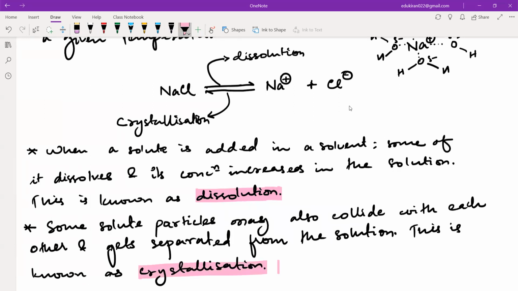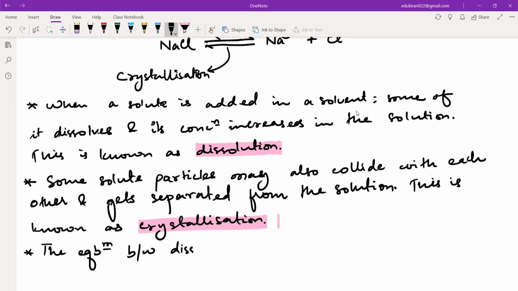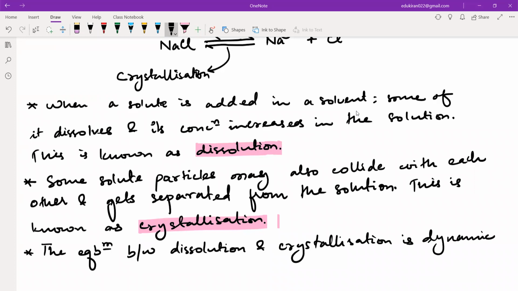So please write these 2 points. Add one more point: the equilibrium between dissolution and crystallization is dynamic in nature.